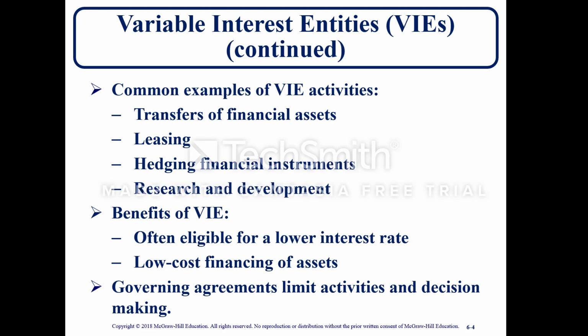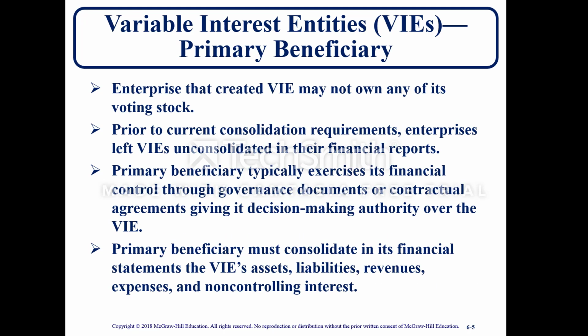Common examples of VIE activities: transfers of financial assets, leasing, hedging financial instruments, research and development. The benefits of a VIE: often eligible for a lower interest rate than their prime beneficiary, and they have a low cost of financing of assets. So governing agreements limit activities and decision making with VIEs.